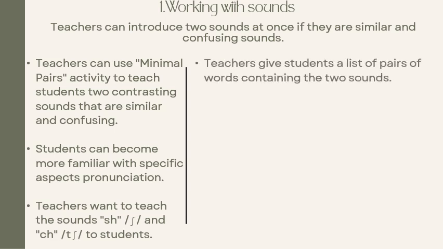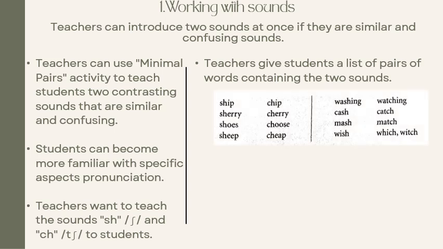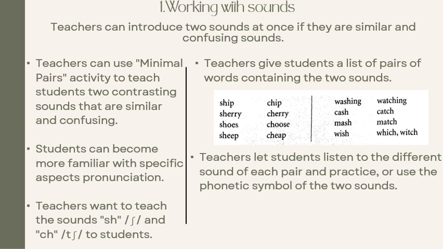For example, we have ship and chip, sherry and cherry, cash and catch, etc. You can let students listen to different sounds of each pair and practice, listen to your own model, or use phonetic symbols to help them recognize the sounds.